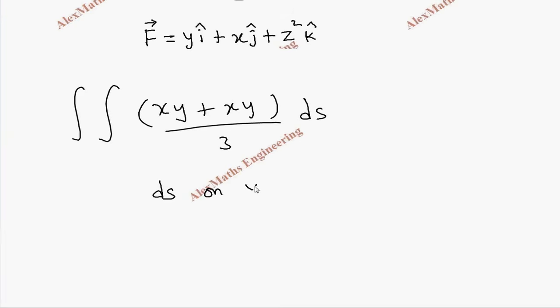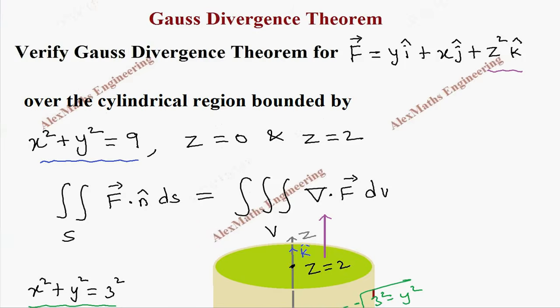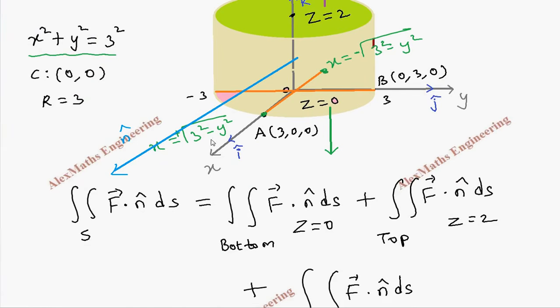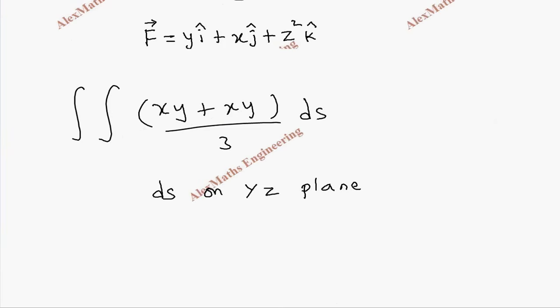So we are going to take ds on the yz plane. When we take ds along the yz plane, this n cap is along the i cap. So now ds becomes dy dz divided by n cap dot i cap.